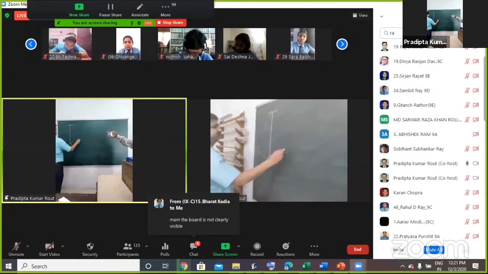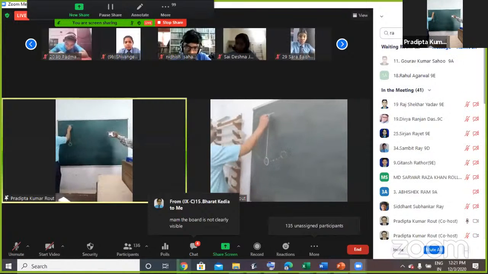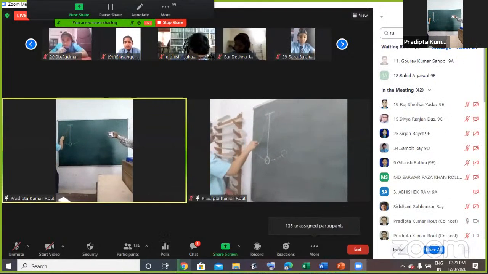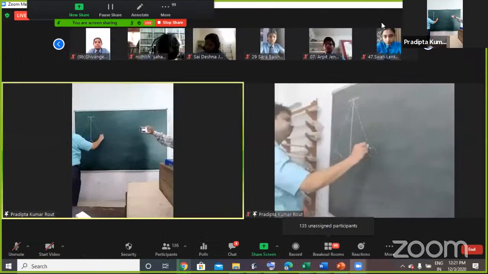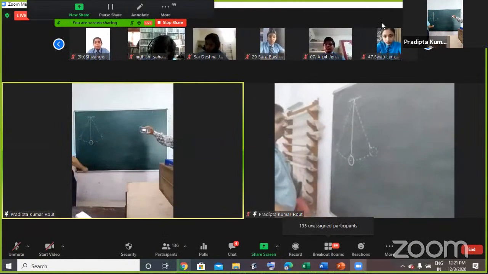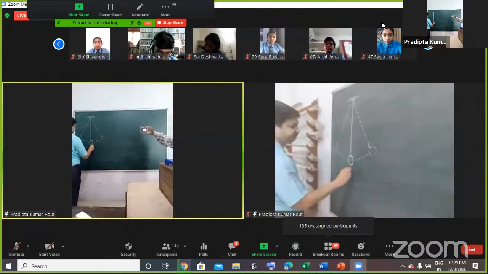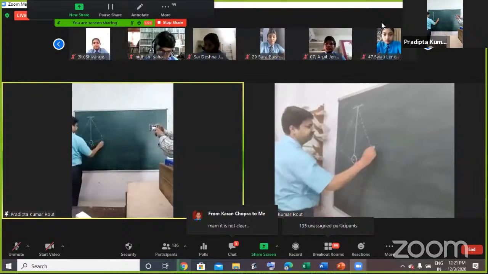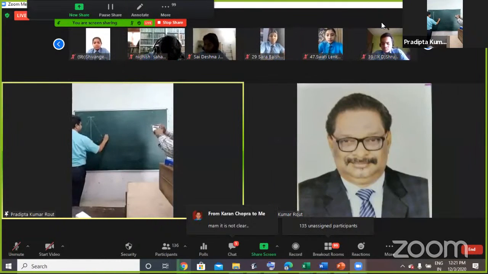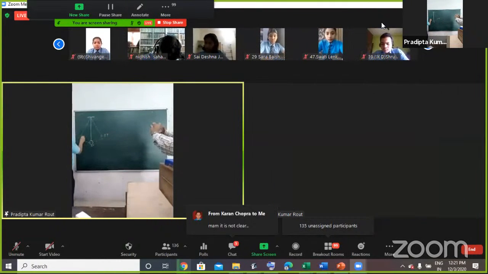This is another extreme end of the pendulum. Children, this is called the rest position, this is an extreme position, this is another extreme position.